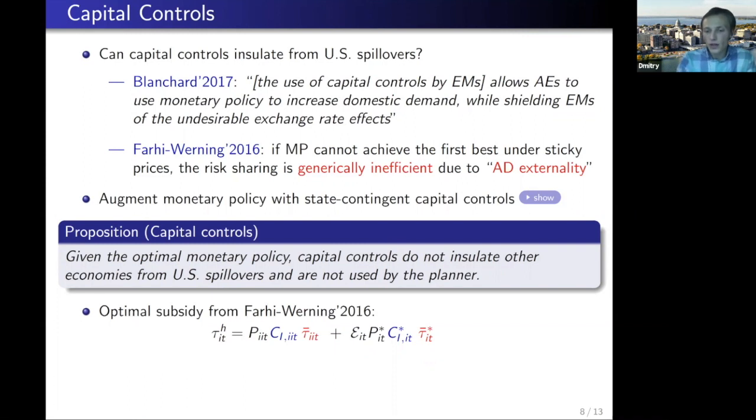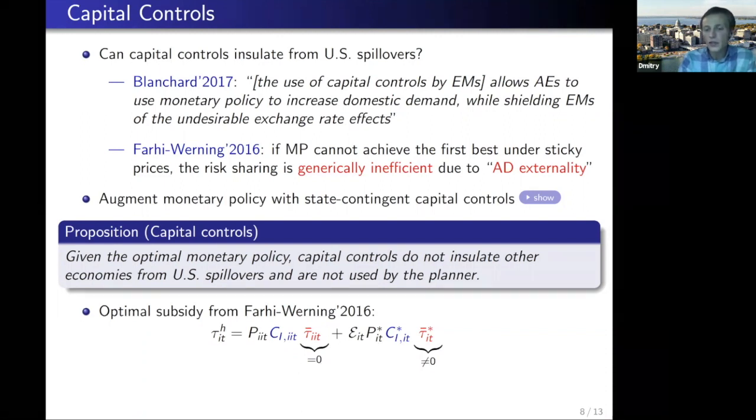As long as there is one wedge in this economy, the formula shows that the optimal capital controls should be non-zero. The first wedge is equal to 0 because of the optimal monetary policy, right? The optimal monetary policy, by stabilizing local prices, effectively achieves the optimal local demand. So the first wedge will be equal to 0 in all states of the world.